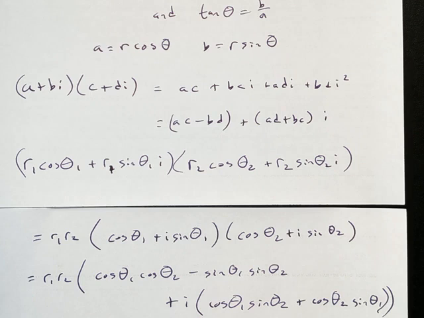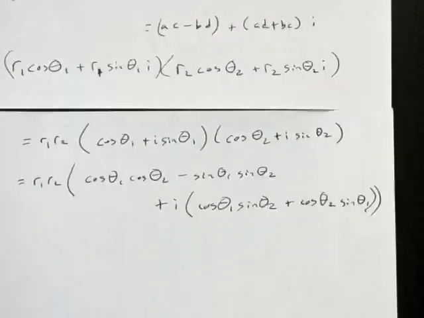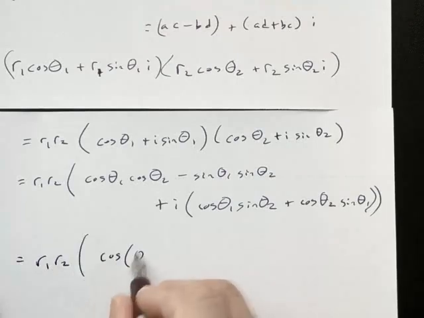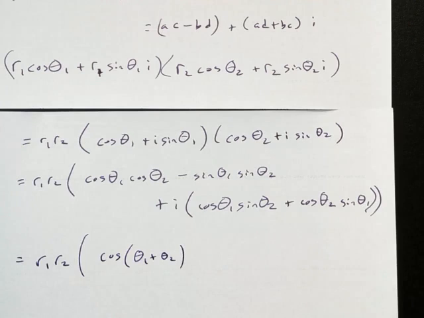Turns out, this trig identity is the cosine of the sum of the angles. And that one, cosine, sine, sine, cosine, is the sine of the angles added together.